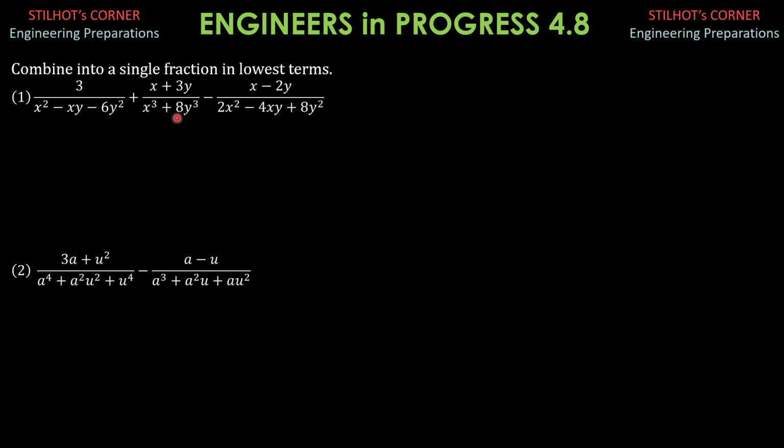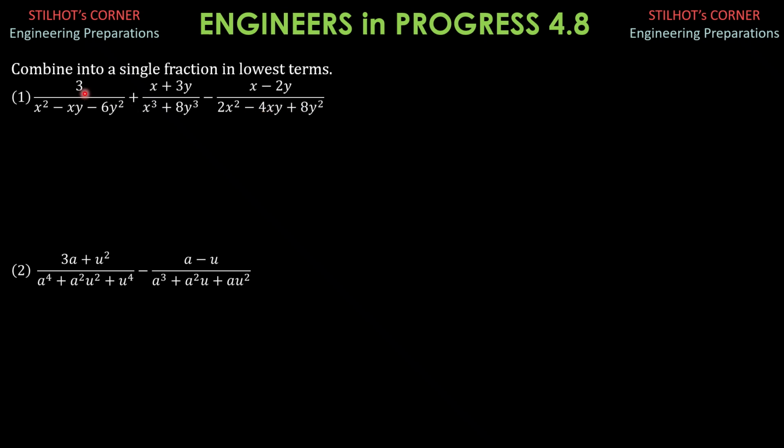Then this denominator for the second fraction is sum of two cubes, x cubed plus quantity 2y cubed. The factors are x plus 2y times quantity x squared minus 2xy plus 4y squared. Then for this last fraction, the common factor is 2, so we factor out 2. Then we'll have x squared minus 2xy plus 4y squared, in which we cannot factor that anymore.